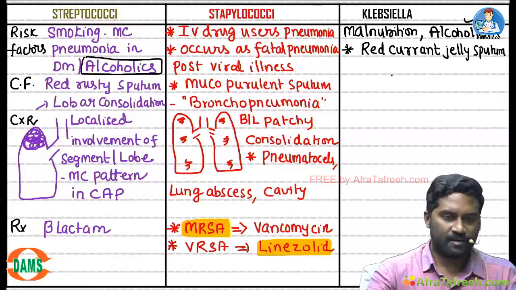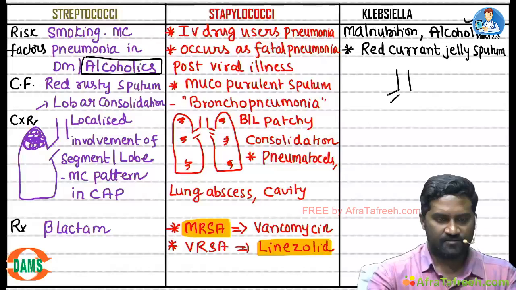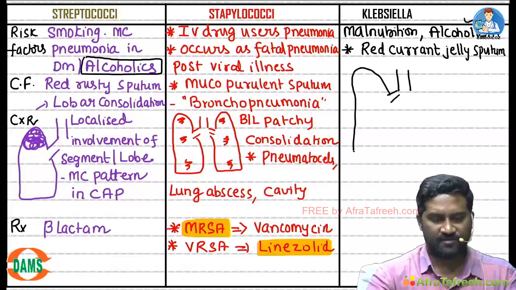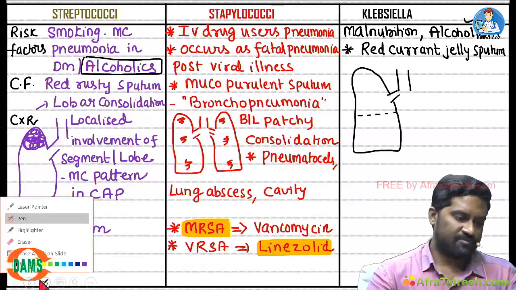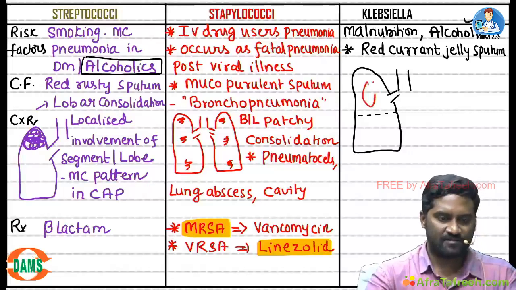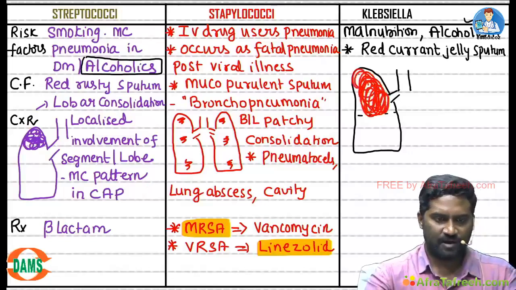Coming to the classical chest X-ray finding. Consider this is the lung, especially the right lung. In the right lung, there will be a horizontal fissure. Klebsiella causes dense right upper lobe consolidation, very heavy consolidation.